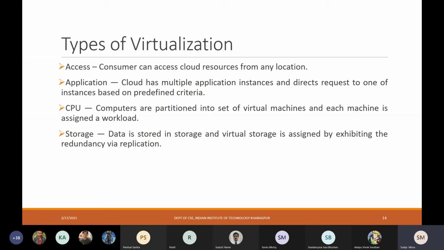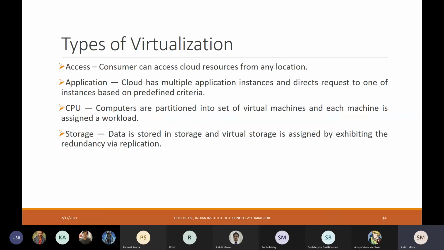What are the different types of computing resources? We have already seen today, and in the last class, different types of computing resources: actual compute infrastructure, storage resource, and network, which also needs to be virtualized.